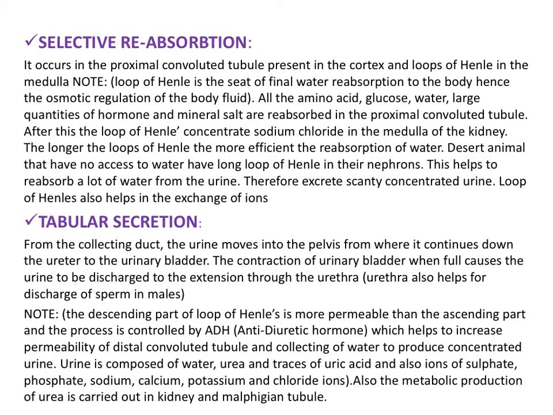The longer the loop of Henle, the more efficient the absorption of water. Desert animals that have no access to water have long loops of Henle in their nephrons, and this helps to reabsorb a lot of water from the urine. Therefore, they secrete scanty concentrated urine.